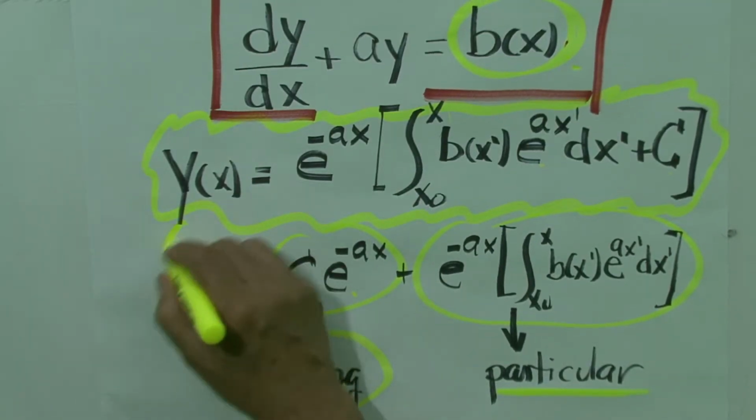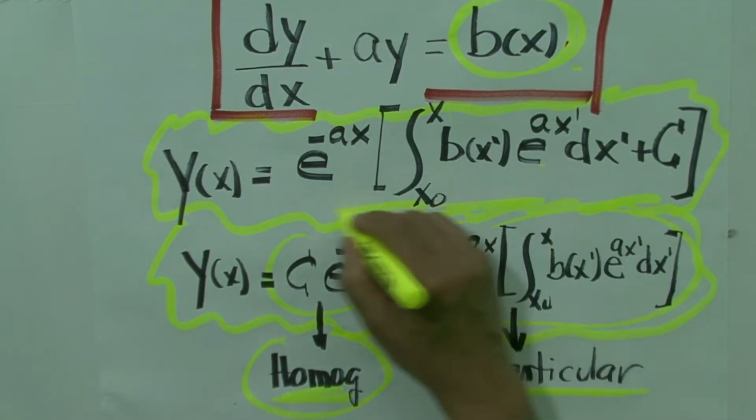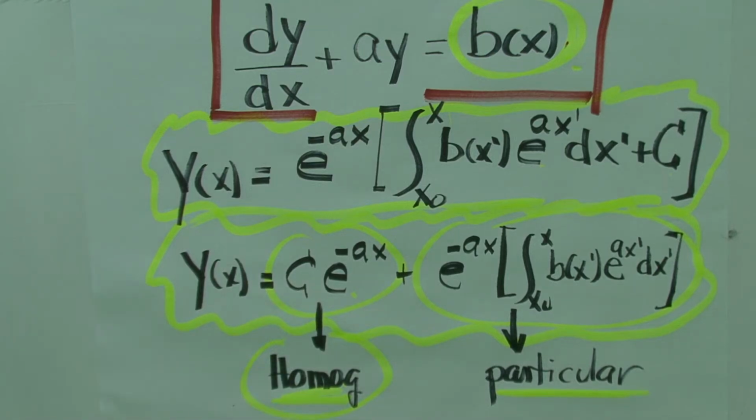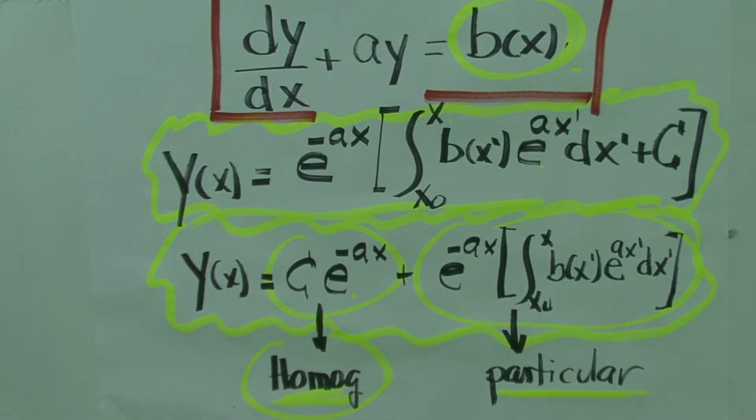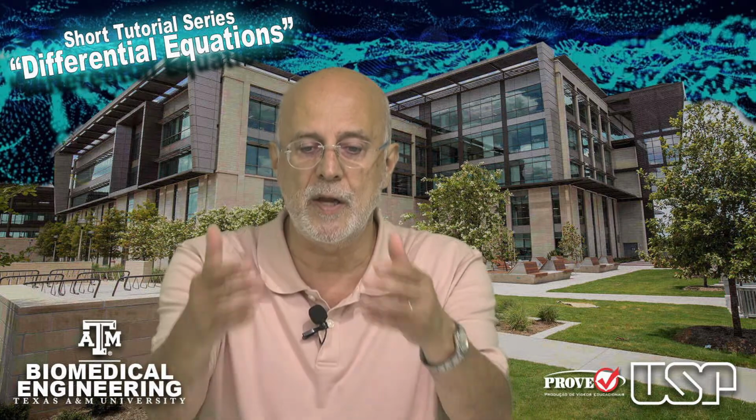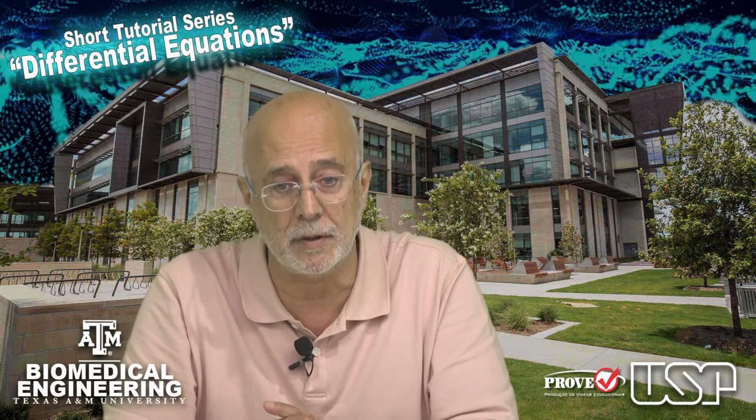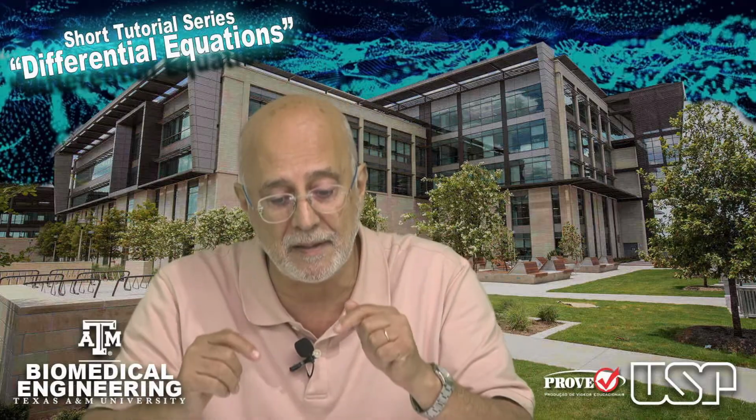Okay? So this is also very nice to know. And if you know that, it saves a lot of time when you're solving equations of first order of this nature. And this, believe me, a lot of equations have this type of format or this type of shape or this type of dependence.